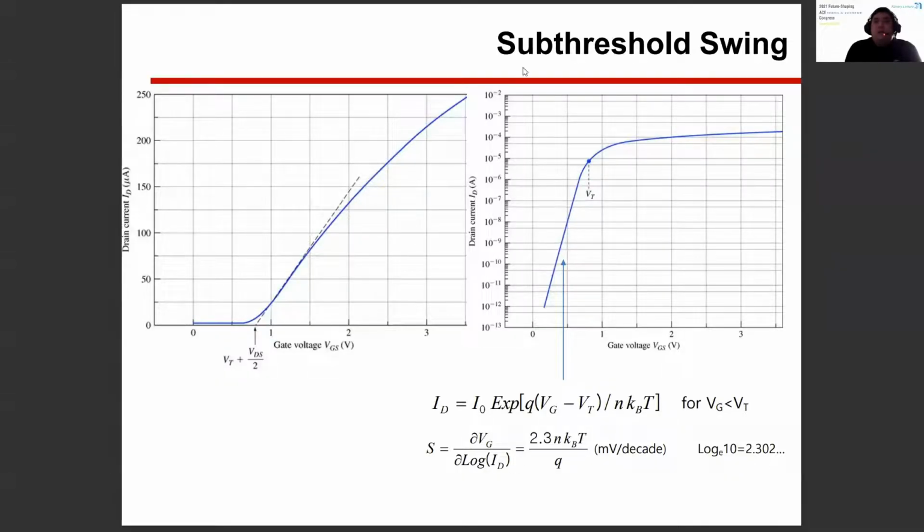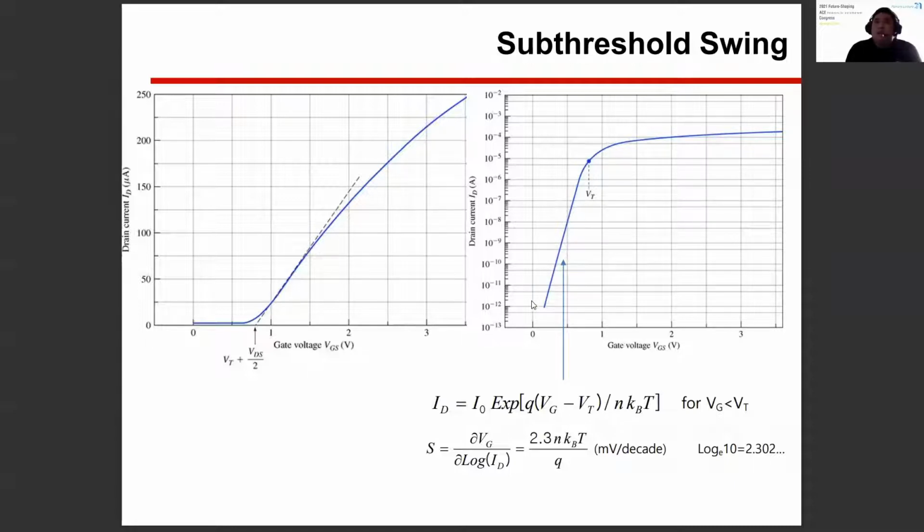Let's move on to the subthreshold swing. If we see this graph here, the drain current is scaled in log scale, and below the threshold voltage, we can see this. We sometimes call this slope the subthreshold swing.